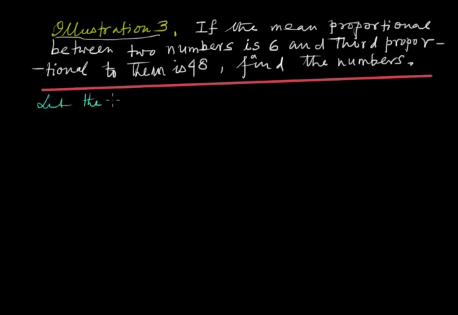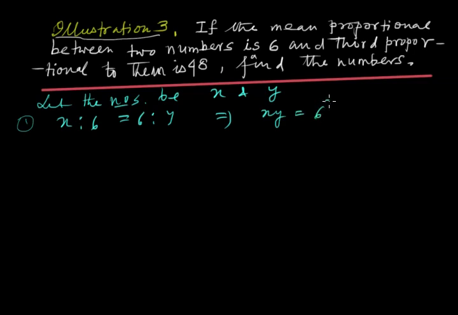According to the given conditions, x is to 6 is equal to 6 is to y. So this implies xy is equal to 6 square, that is 36.